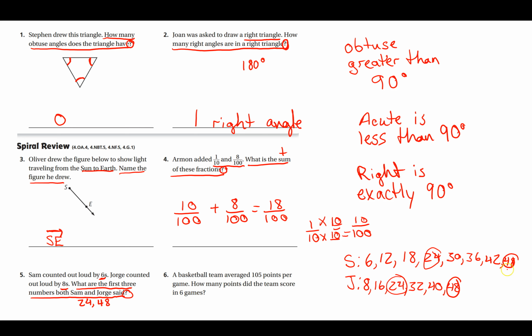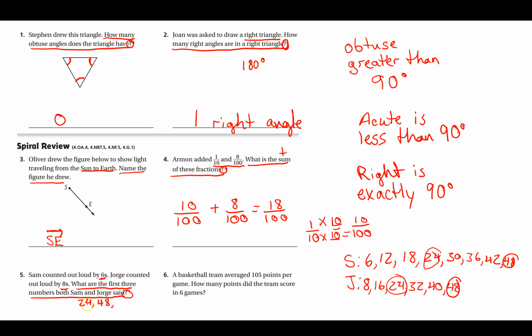Now, I could continue on counting by 6s and counting by 8s until I find that third number. Or I can also look back here and look at this pattern. I started with 24, then the next one was 48. What do you notice? 24 to 48. Yeah, it went up by another 24. So every 24, they're going to have a number in common.